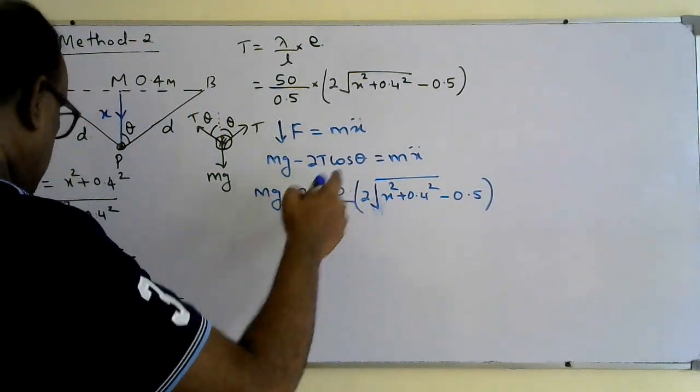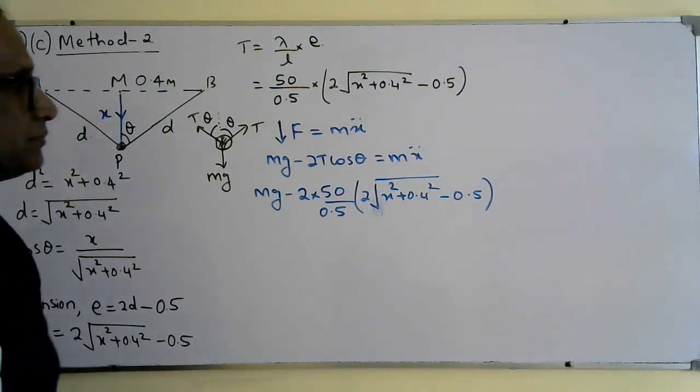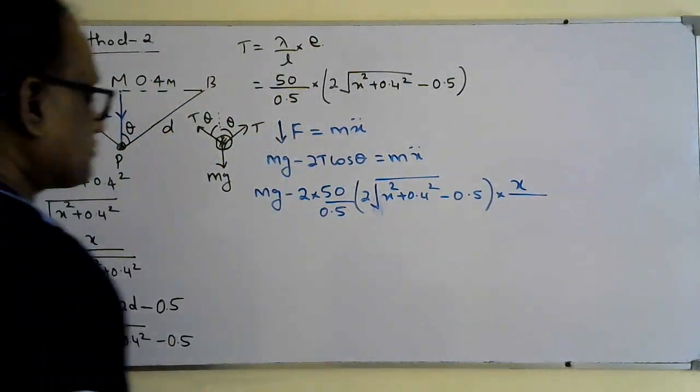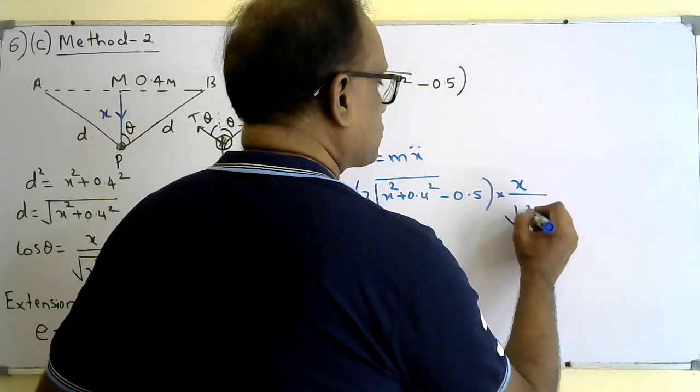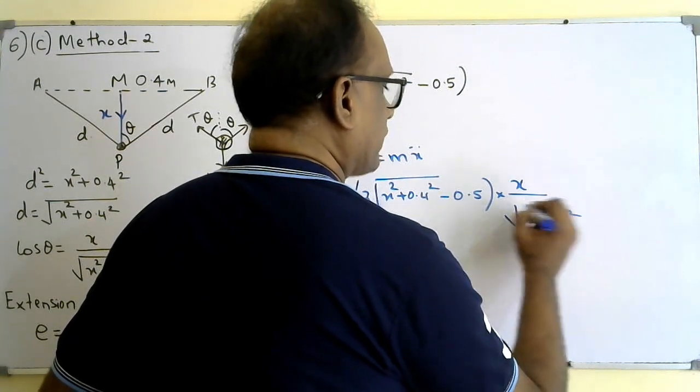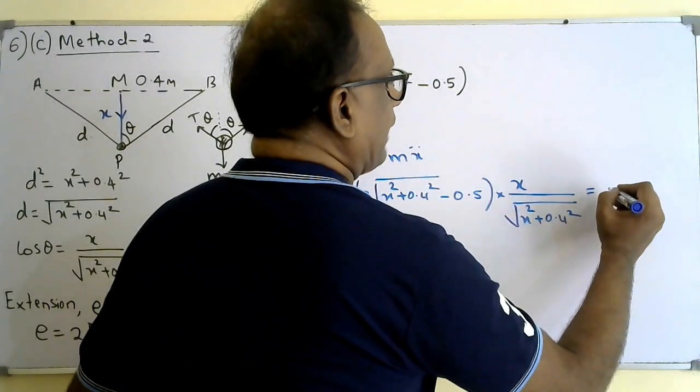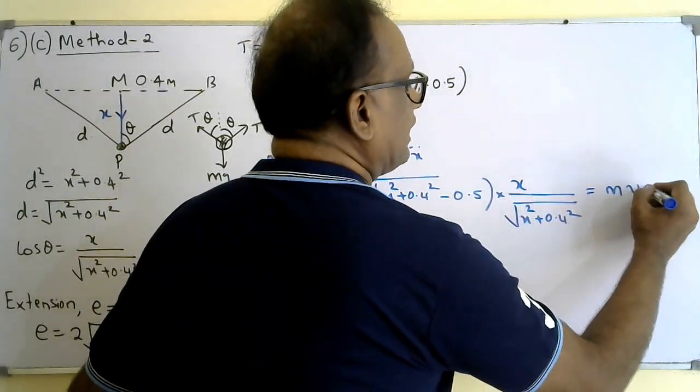Cos theta we got as x over the square root of x squared plus 0.4 squared, equal to m x double dot, which is m v dv over dx.